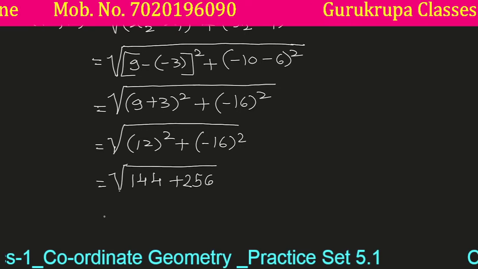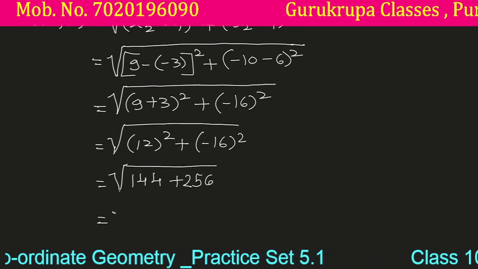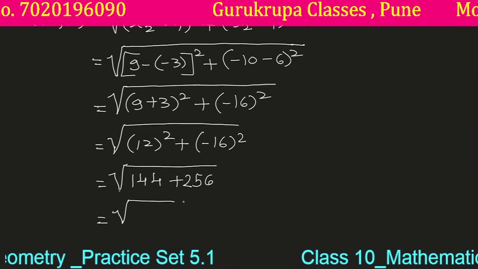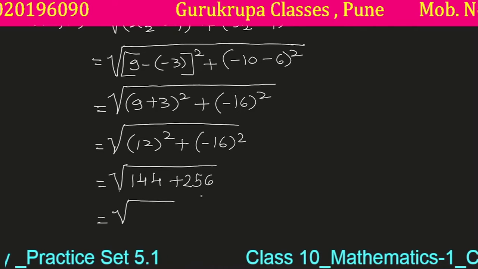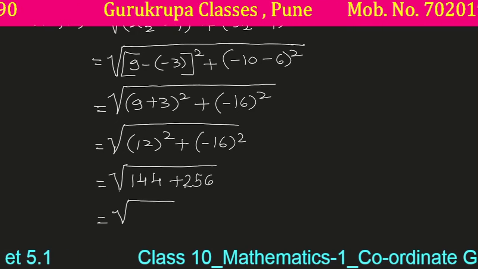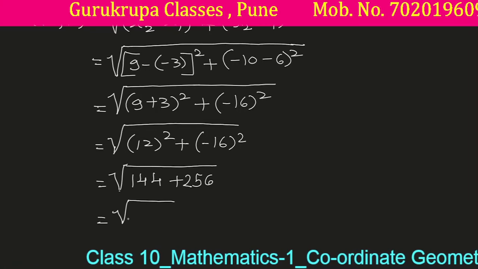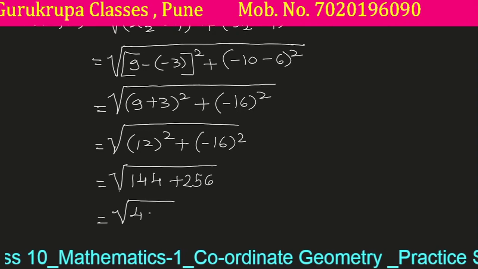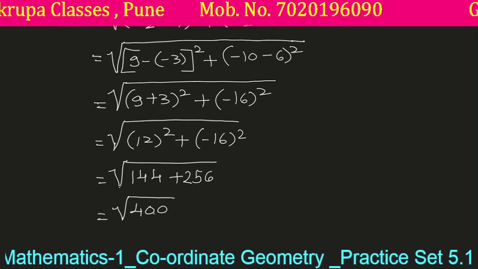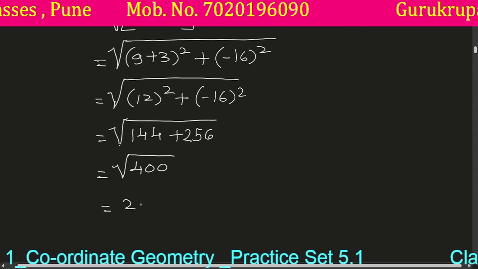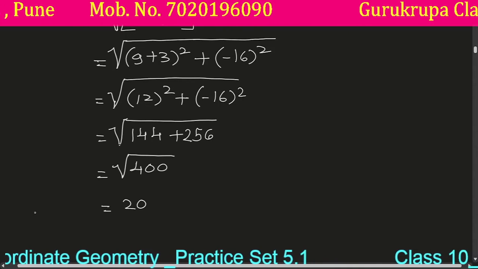Did you get this, Purva? Yes sir. Okay, so now add them. 100 plus 200, 300, and 44 plus 56 gives 100, so 300 plus 100, 400. We get 400 here. So the square root of 400 is 20.